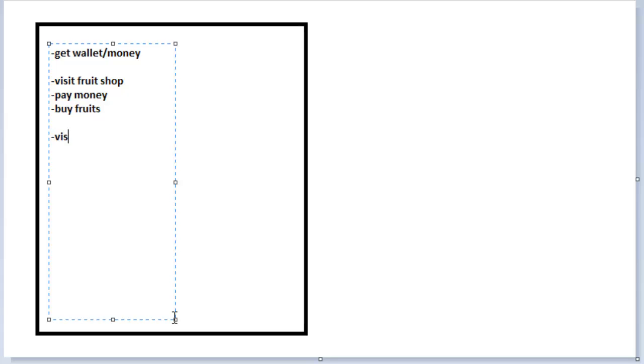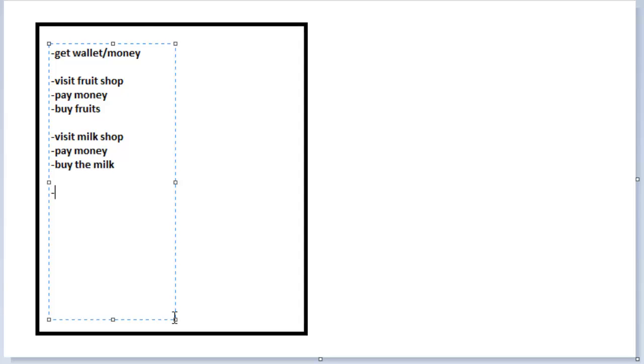Second, visit the milk shop, pay money and buy the milk.